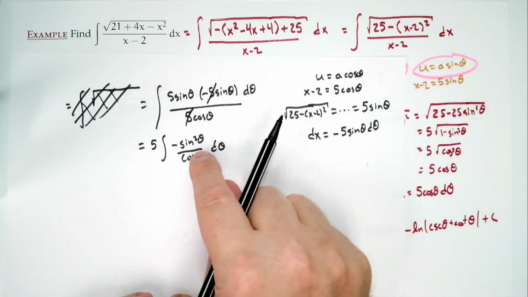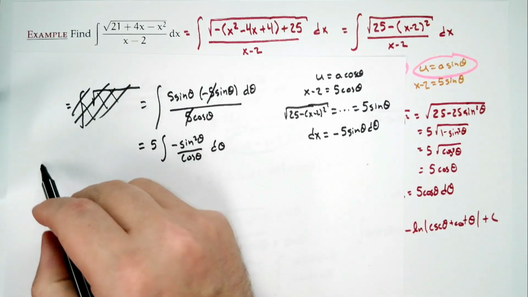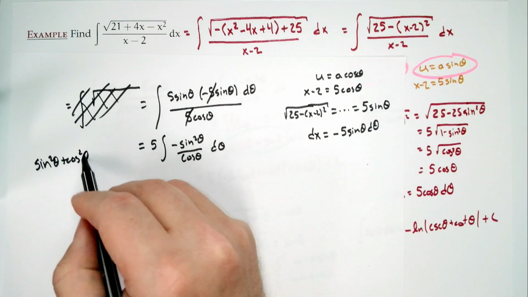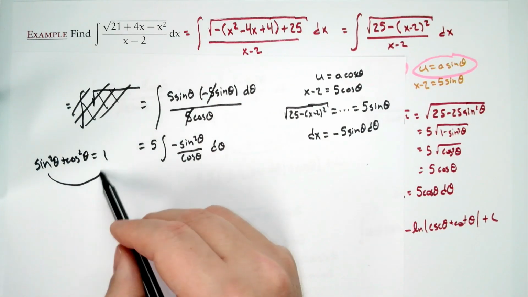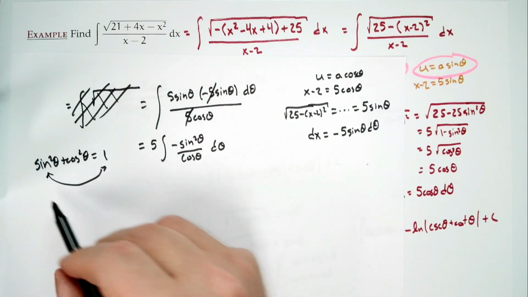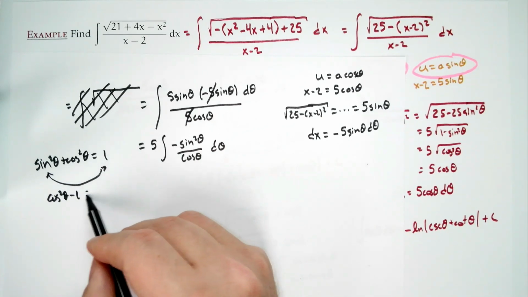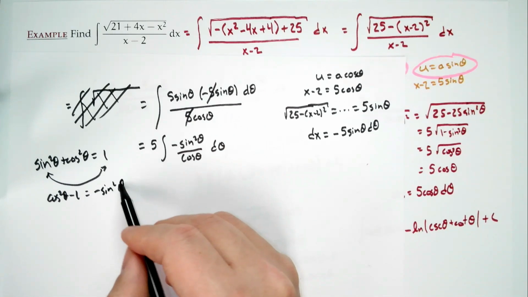But now we say, well, what's true about minus sine squared? Well, sine squared plus cosine squared equals 1. So if I swap the sine squared into 1, we'll get that cosine squared minus 1 equals minus sine squared.